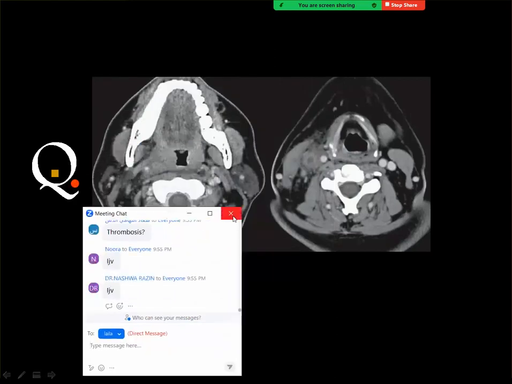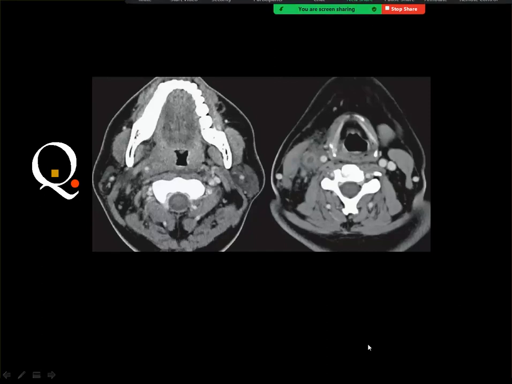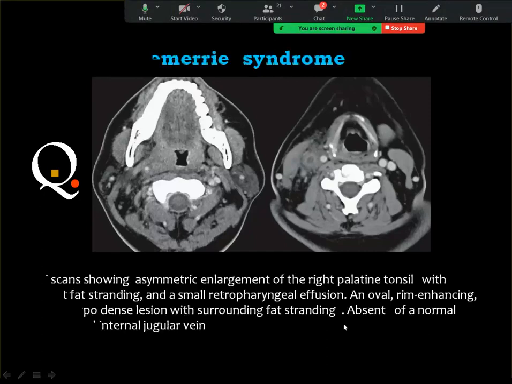Yes, right. And this thrombosis is known as Lemierre syndrome. And you know that this is the common carotid and internal jugular vein. This is the common carotid, which is patent. The internal jugular vein is thrombosed, and there is inflammation around the thrombosed vein.